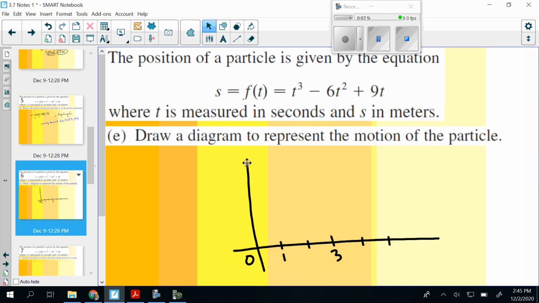To get some points here, we know if we put 0 in at a time of 0, it is going to be at 0 when we start. What is it at 1 and 2 and so on?